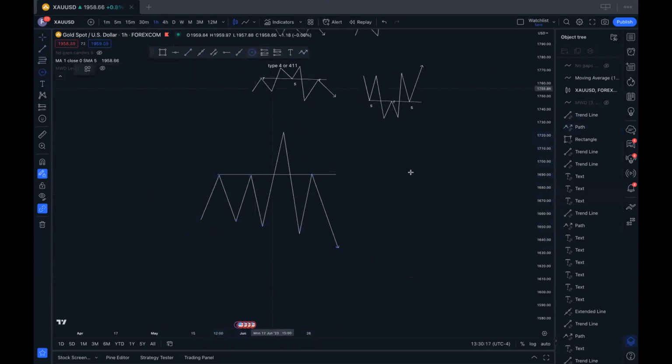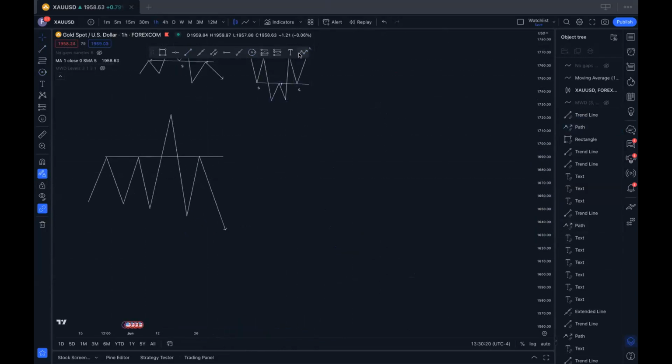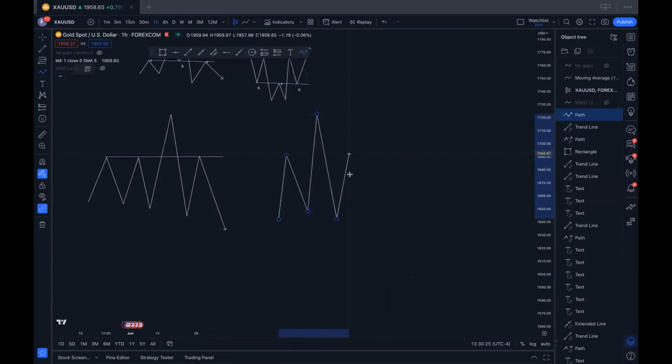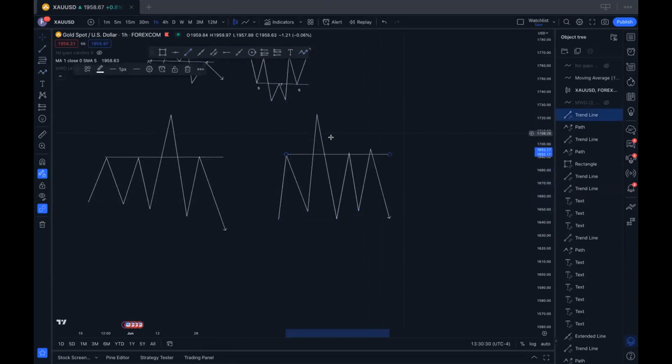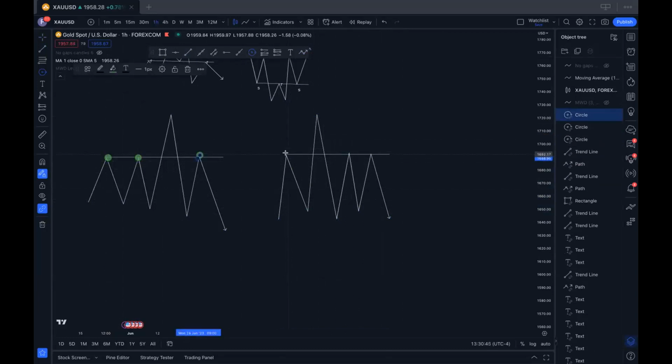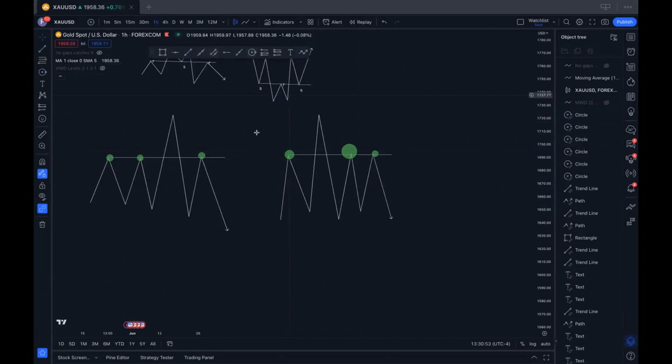So another variation of it is right here. The head can come between the third and the second, or the second and the first. This is 0.1, 0.2, 0.3, 0.1, 0.2, 0.3. All right, this is a bearish example.